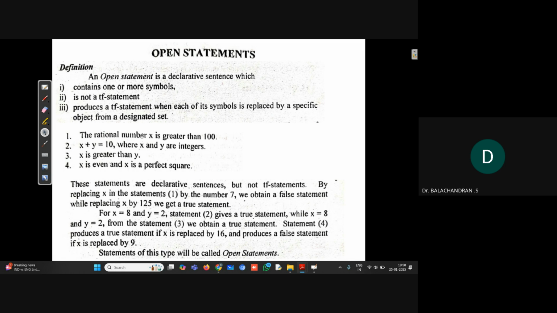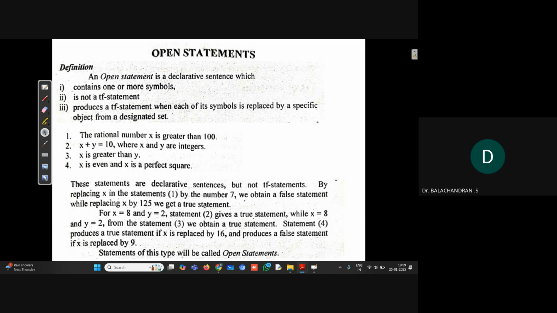First one: the rational number x is greater than 100. This is not a true or false statement, but if we replace x by 7, then 7 is greater than 100, which is false. If we replace x by 125, we get true.